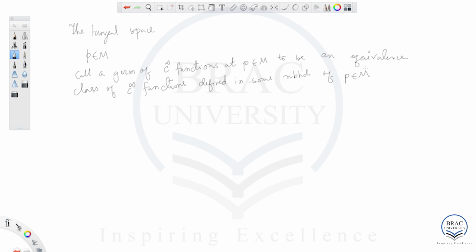Okay, so now we need to define what this equivalence relation is, based on which we will have these equivalence classes of smooth functions defined in the neighborhood of the point P in M.